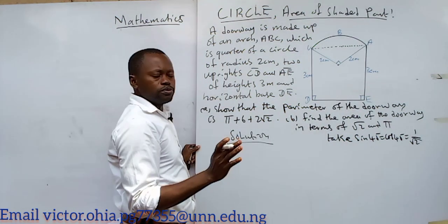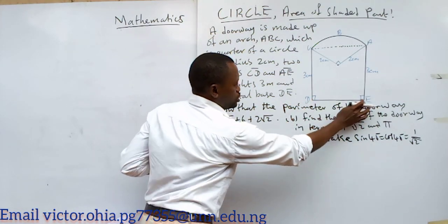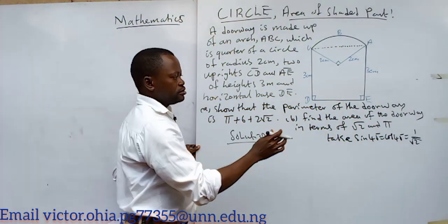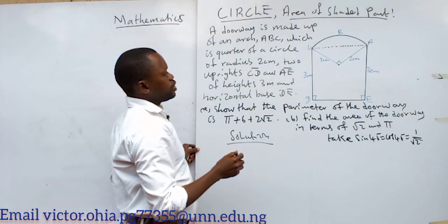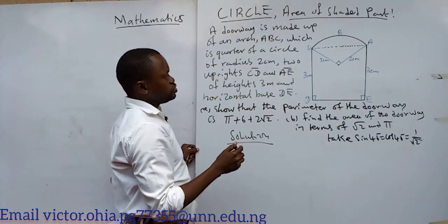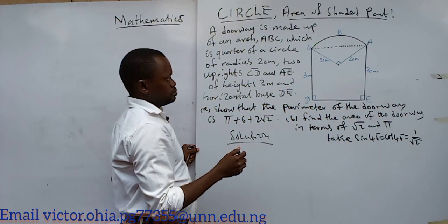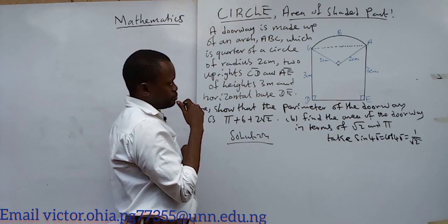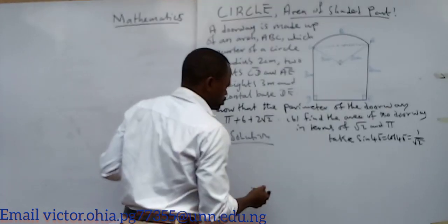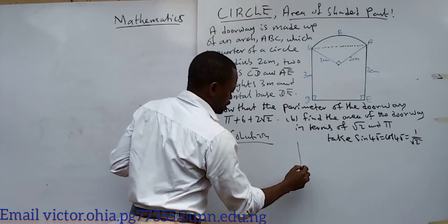So I will not have any problem knowing the value of DE when it comes to adding DE. So let's take the first one. I'm thinking the first one I should take is possibly the length of that arc. Let me take that first.